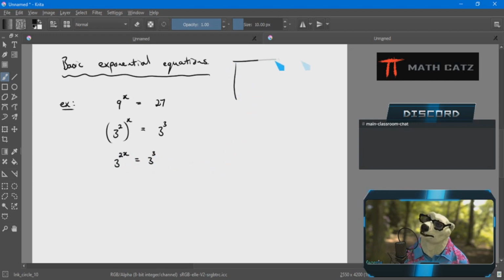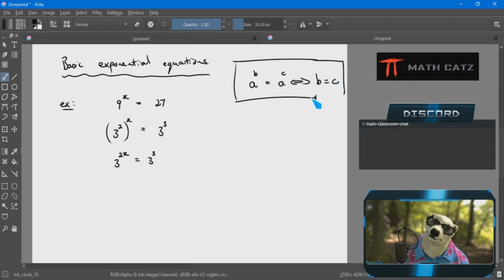Now there's a property of exponential functions and or equations that if I have the base to the power of something and the same base to the power of something else, then that is always going to be equivalent to the exponents being equal as well. There is no way around it.